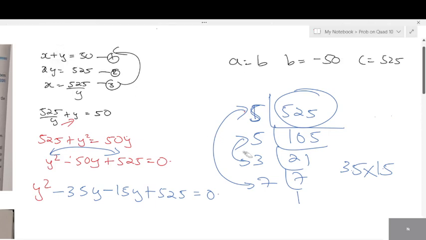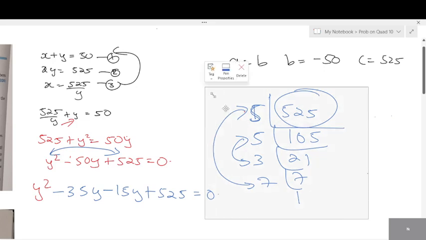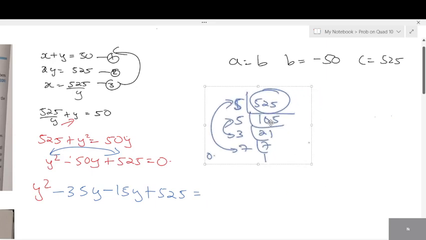You can even do it in this way. We have four numbers, pair any two values and check. Pair two values, check which one gives 525.